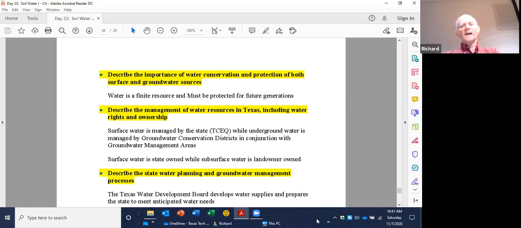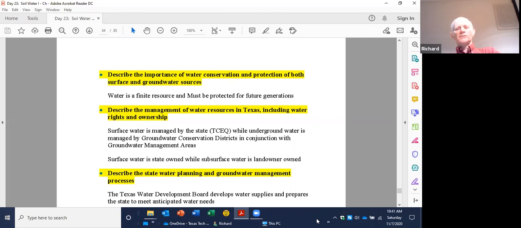Water is a finite resource. It must be protected for future generations. So all too often, people are using that water resource for their own at the expense of not having it for future generations.